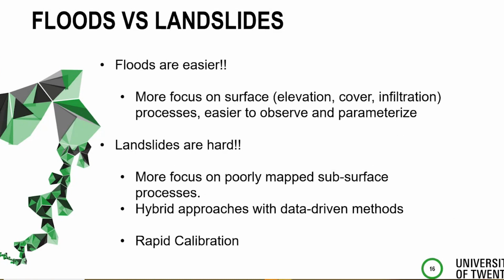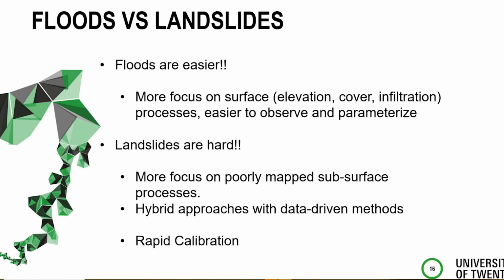Now, there is quite a philosophy difference here. Floods are easier in general, at least that might be a bit of a hot take here. But in my mind, it's easier to get good accuracy using global data sets. There's more focus on surface properties, parameters of the landscape, elevation, land cover, infiltration, which are easier to observe and parameterize. Satellites are giving a lot of information there that is really useful for flood modeling.